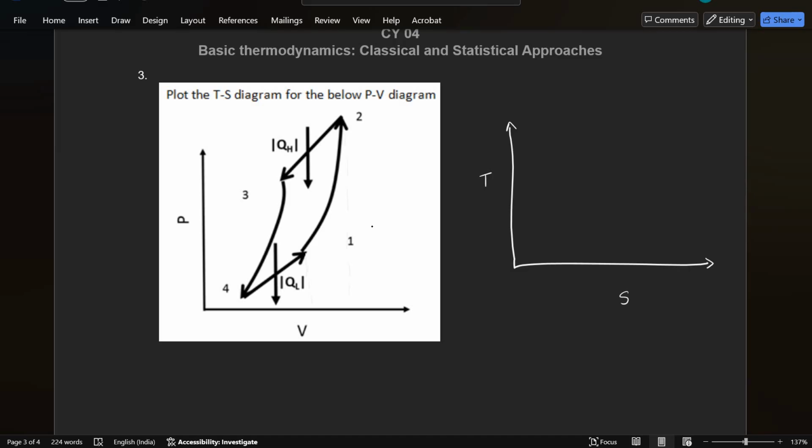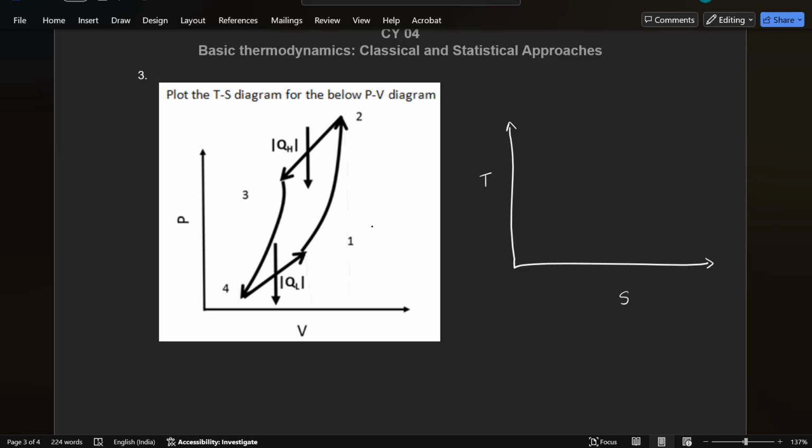Then we have 2 to 3, where there is basically a compression and there is something happening here. Heat is put into the system, right? It is connected to a heat reservoir. Do you see that? QH. Sir, what is QH?